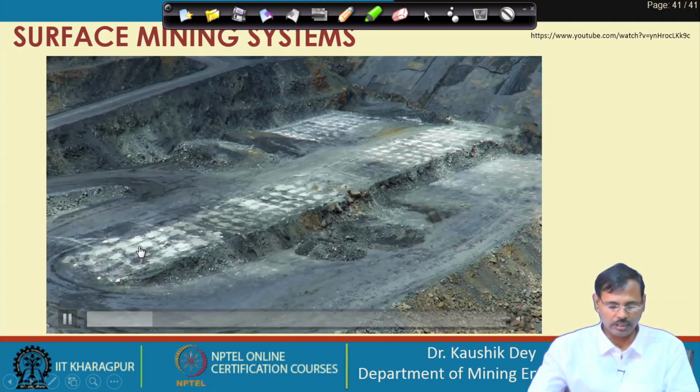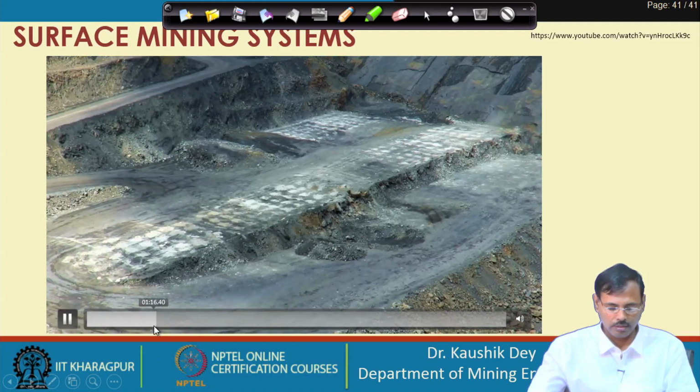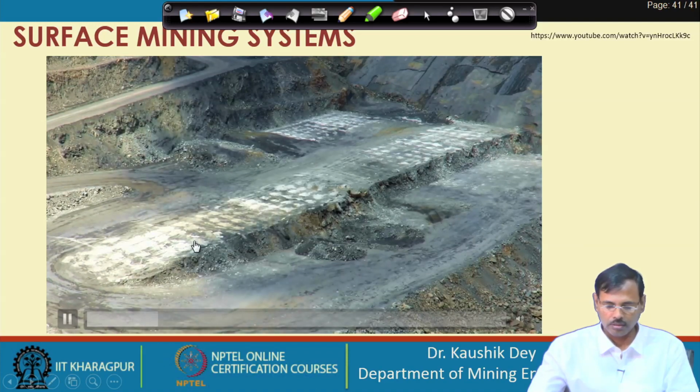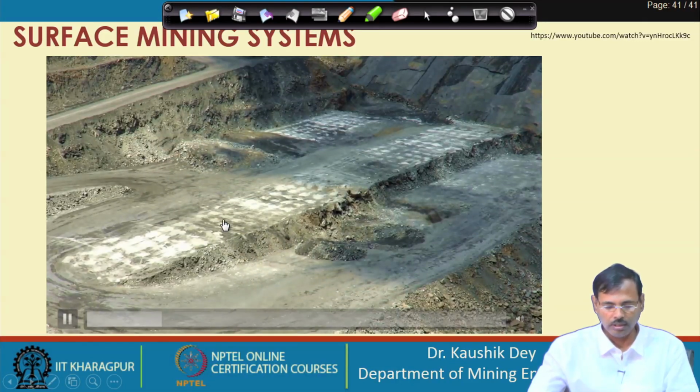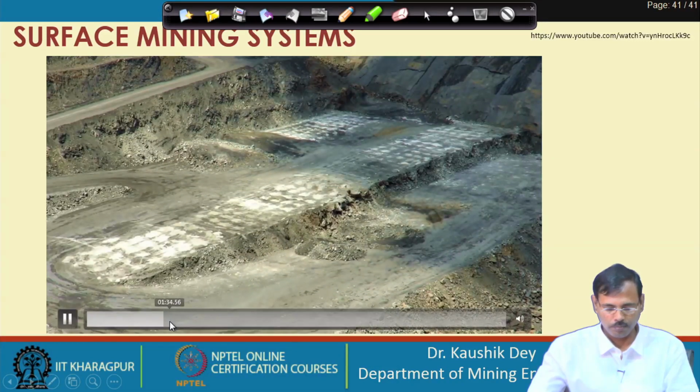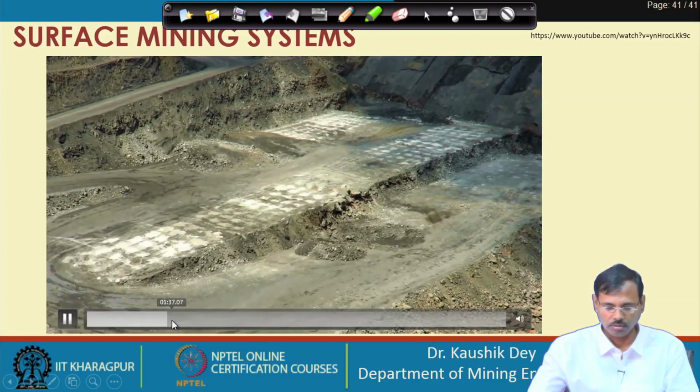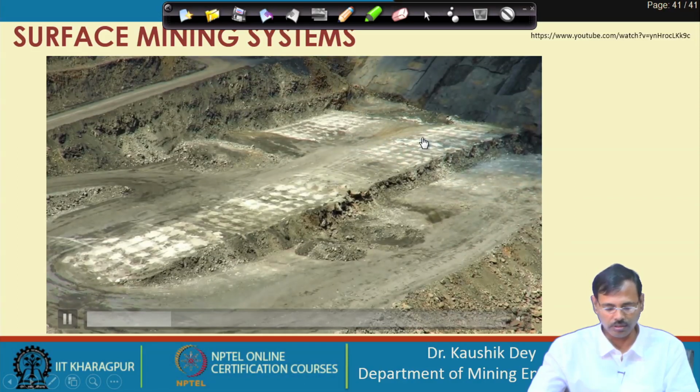So, the drill machines have already drilled in that area, and this area has to be blasted. So, this complete area is drilled by this drilling machine.